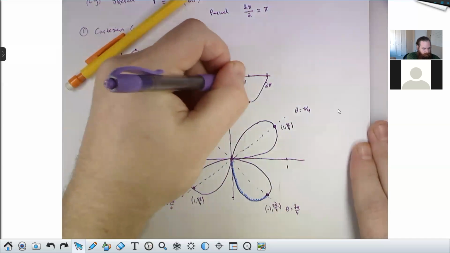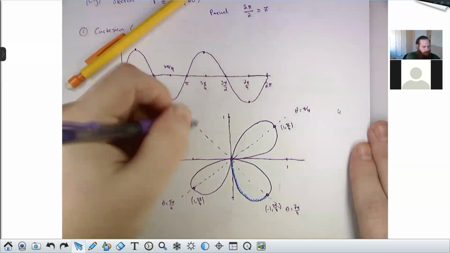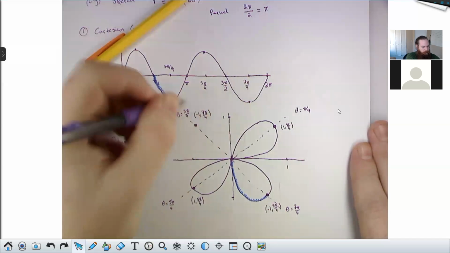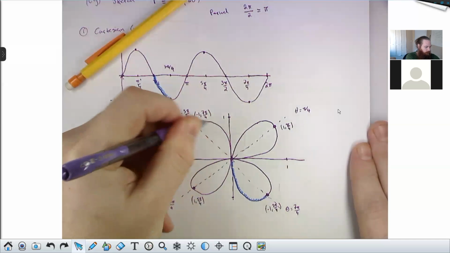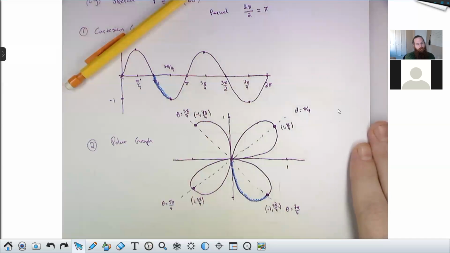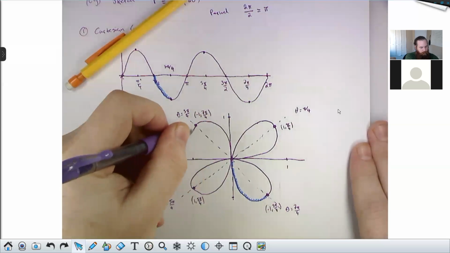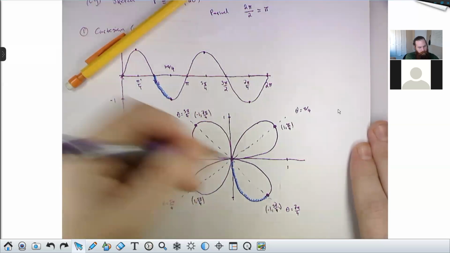This is 7 pi over 4, and we have the polar point negative 1 comma 7 pi over 4 that we know will be on our graph, and he's going to be arrived at like that. And then as we come past here to here, we will be running back into the origin.